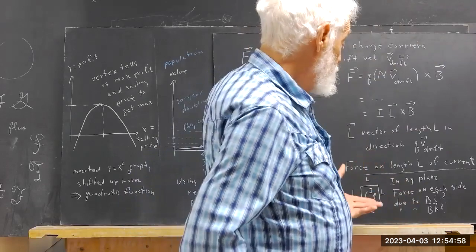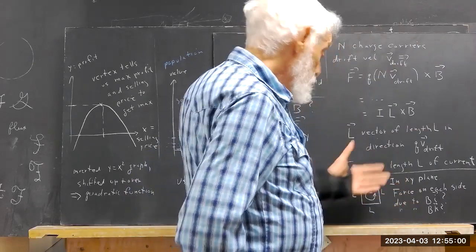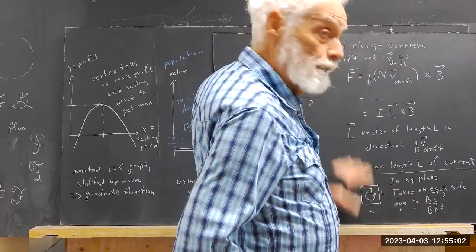For BI, of course, I is going to be parallel to the plane of the loop.